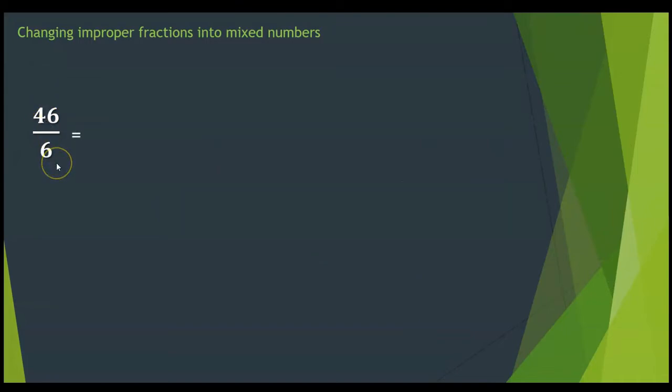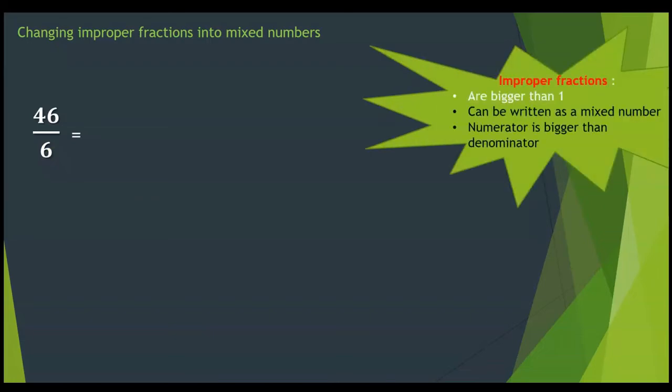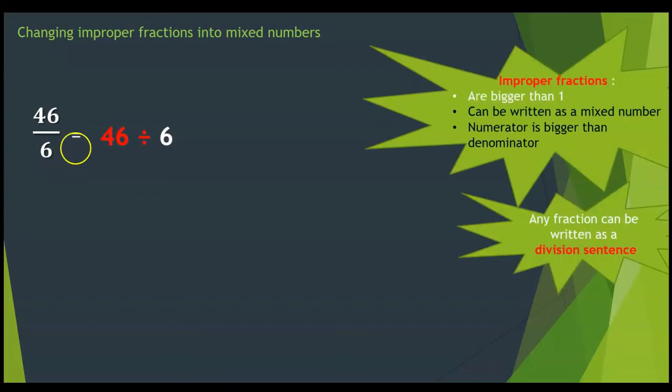Let's see one more example. 46 over 6. So first I will start by writing the division sentence. 46 divided by 6. What is the answer? How many 6s are there in the 46? Yes, there are 7 6s, which is 42, and there will be a remainder of 4.